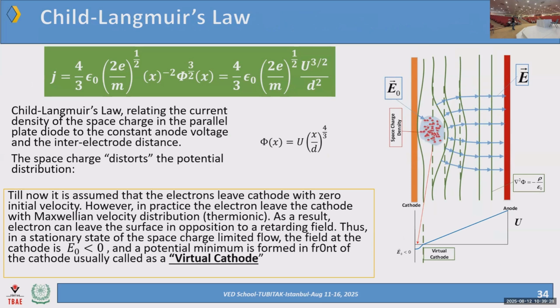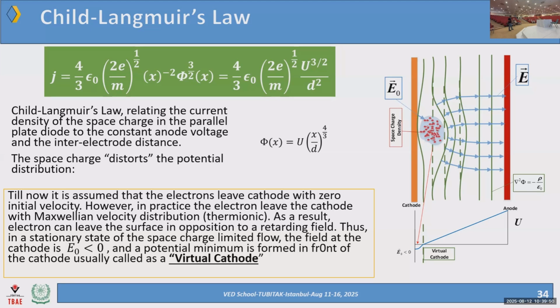We have a space charge density. The electric field lines are disturbed, the potentials are disturbed, and due to this charge, there is a dip. The potential at the cathode is changed. The electric field at the cathode is changed.